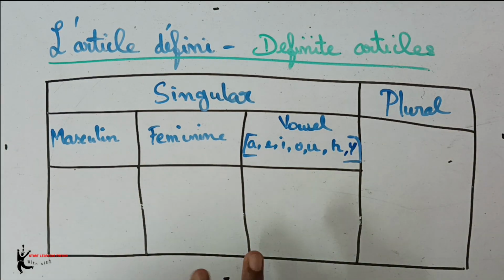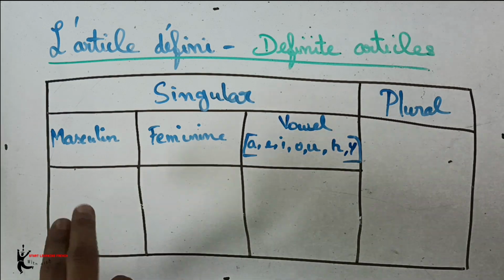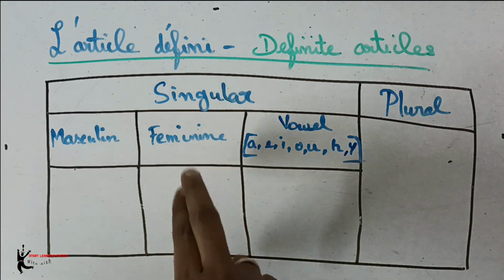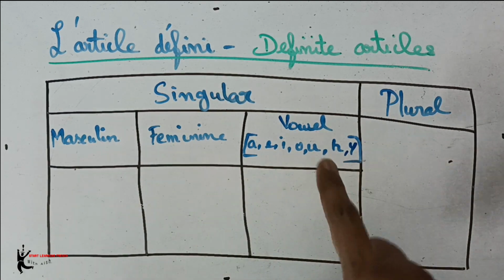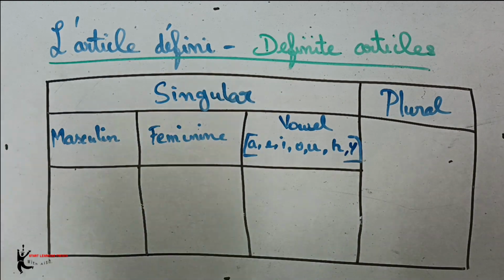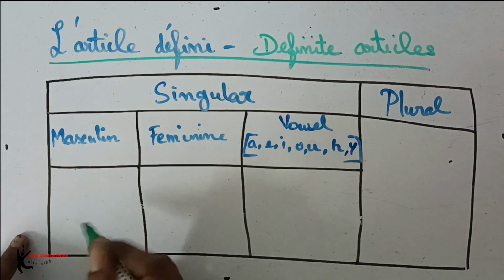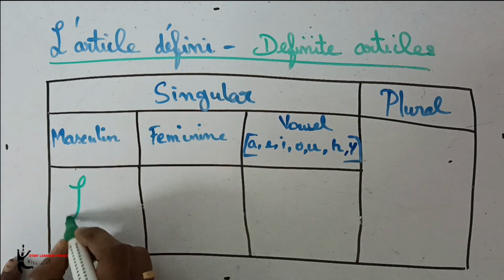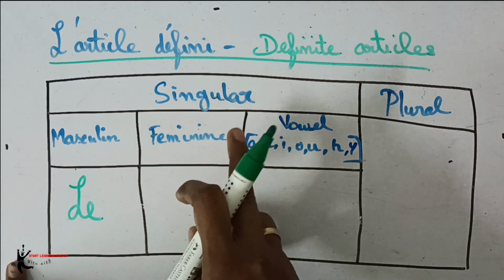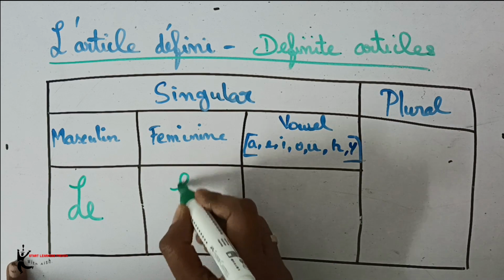Now we are going to see what we use as article défini for masculine gender, for feminine, for vowel, and for plural. The first one, article défini masculine, is le. Article défini for feminine is la.